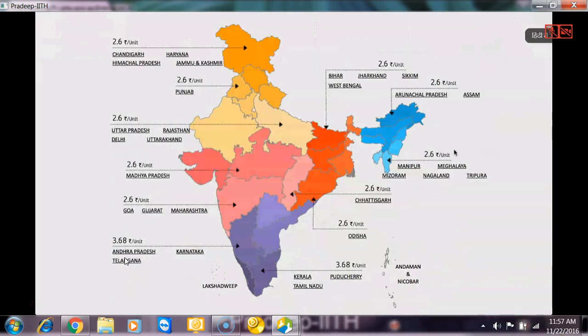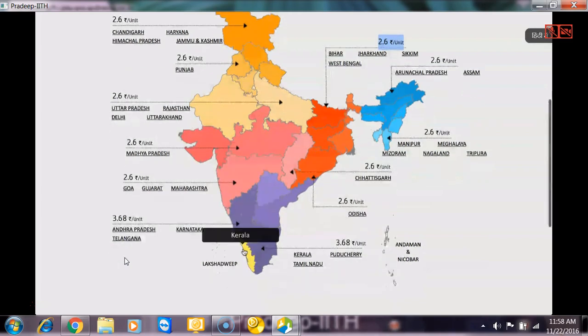So 1 unit of electricity is now costing 2.6 rupees in most of North India. But if you come down to South India, here you can see AP, Karnataka, Telangana, 3 rupees 68. So in the southern grid, the price is higher compared to the northern grid.